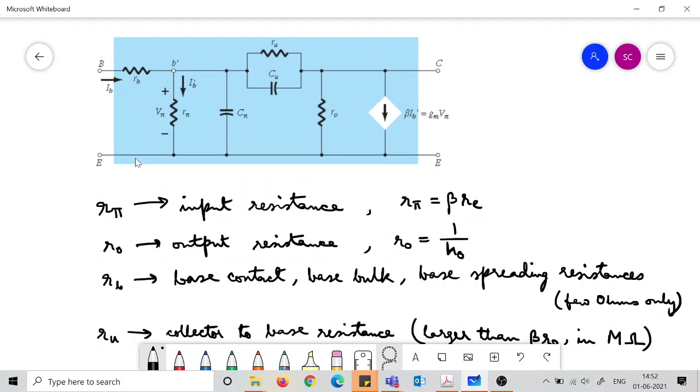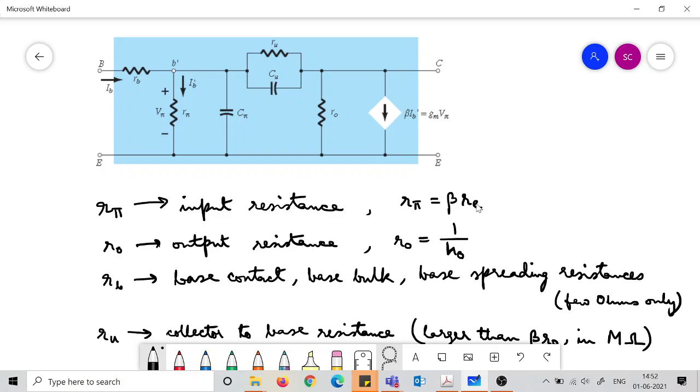R pi is called the input resistance, and R pi is nothing but beta RE. Beta is nothing but HFE, and HIE is nothing but beta RE.